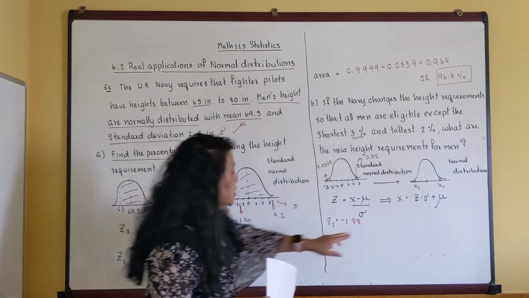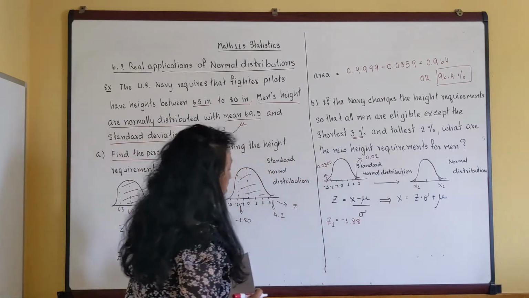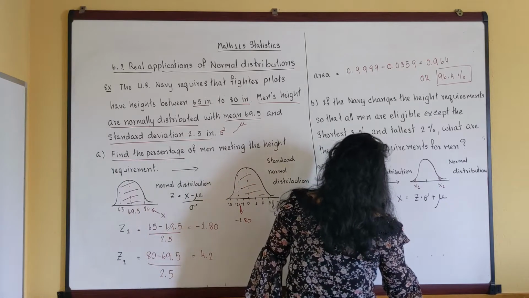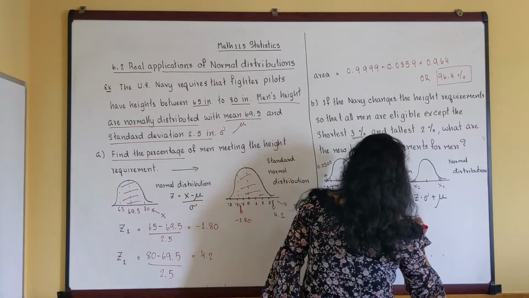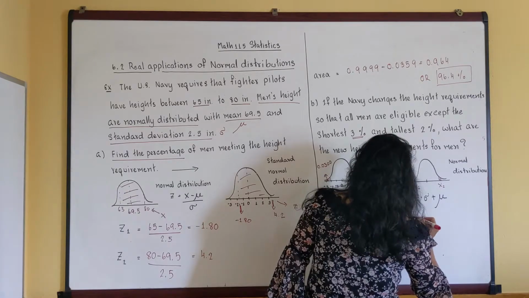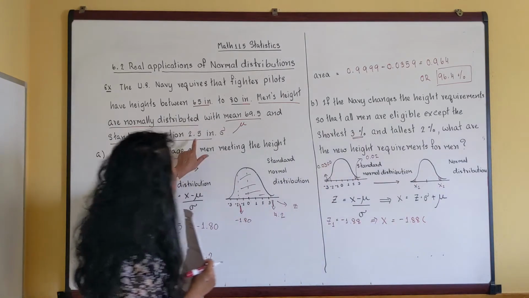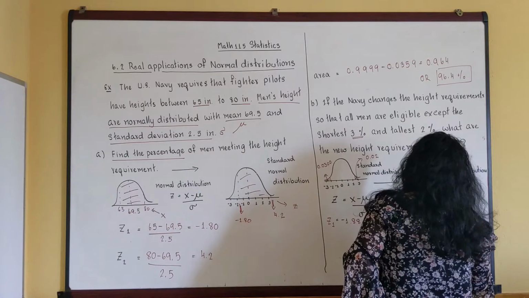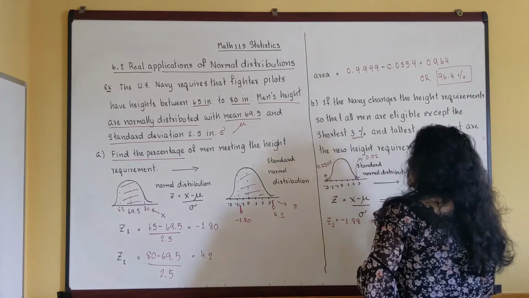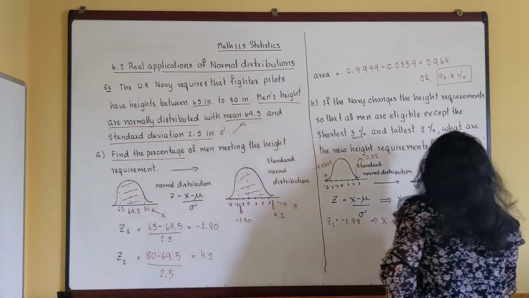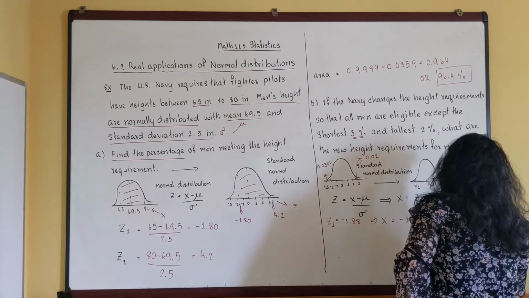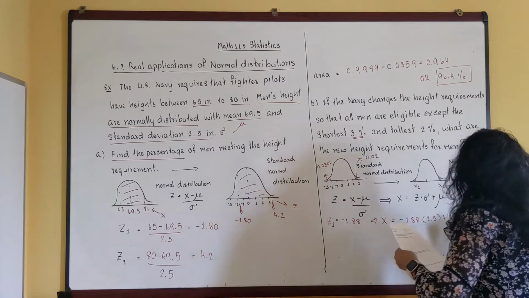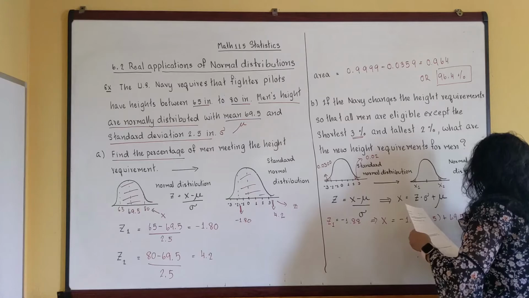Then I plug in to get my x: x equals negative 1.88 times the standard deviation 2.5, plus mu 69.5, and it turns out to be 64.8.